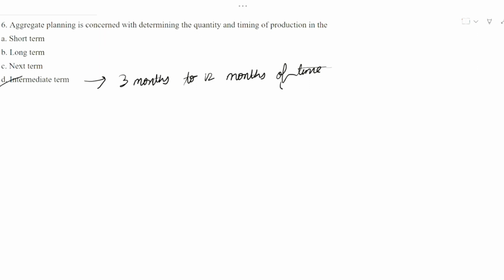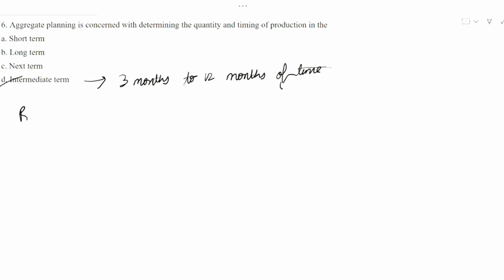So when a number of components or subcomponents are being produced, what all components will be needed and how they will be identified happens at this stage, in aggregate planning.